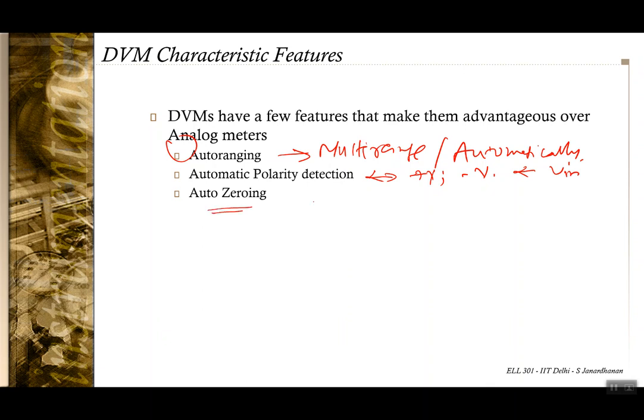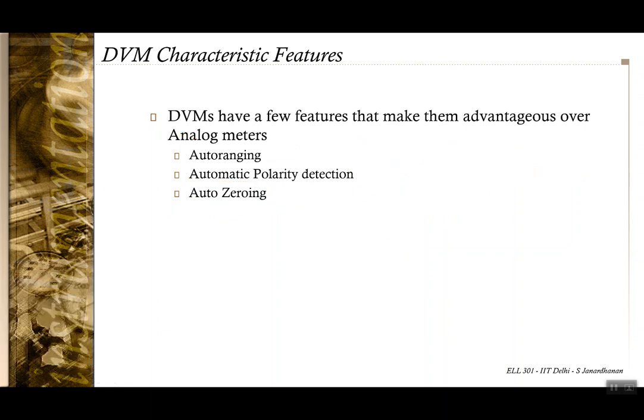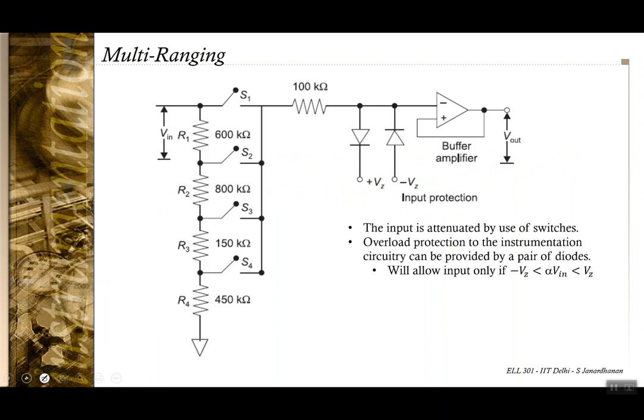And we have seen in the dual slope DVM that we need to start every measurement from 0, so you can have a circuit that will reset it to 0 without an external trigger. So let's have a look at each of these features, each of the circuits, one by one.